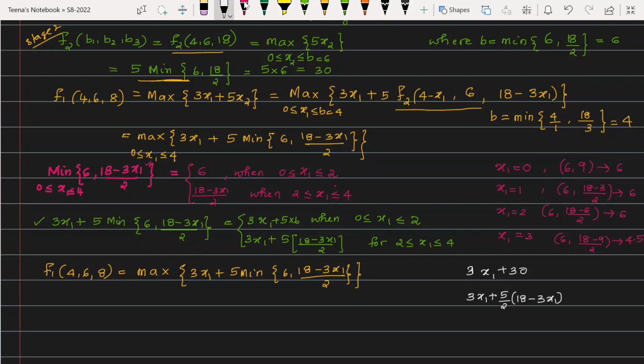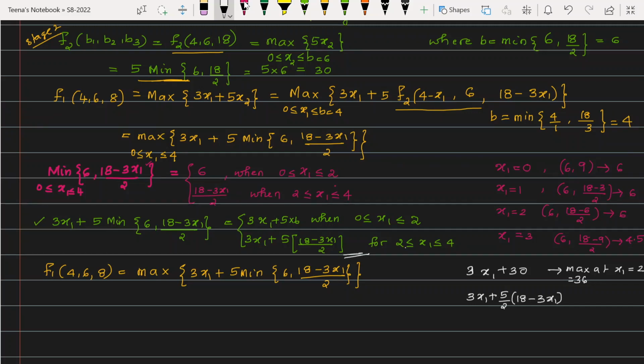So now you can see that 3x1 plus 30 has the range for x1 as 0 to 2. So definitely its maximum occurs at x1 is equal to 2. And that maximum value at x1 equal to 2 is equal to 36. Now x1 equal to 2 is the lowest value in the second part of the function.